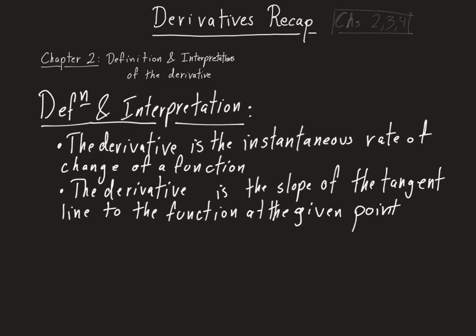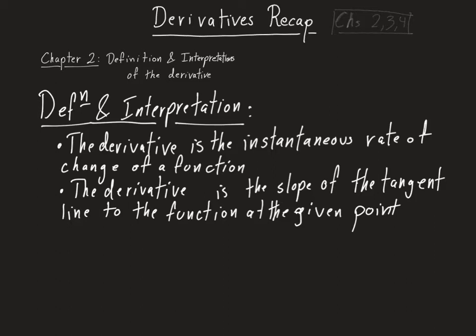Now, when I say that these are the primary interpretations of the derivative, my hope as your instructor for this course is that whenever you work with a derivative, whenever you see the word derivative, or whenever you see a problem that discusses the instantaneous rate of change of a function, or a problem that talks about the slope of the tangent line, that you tie all these concepts together.